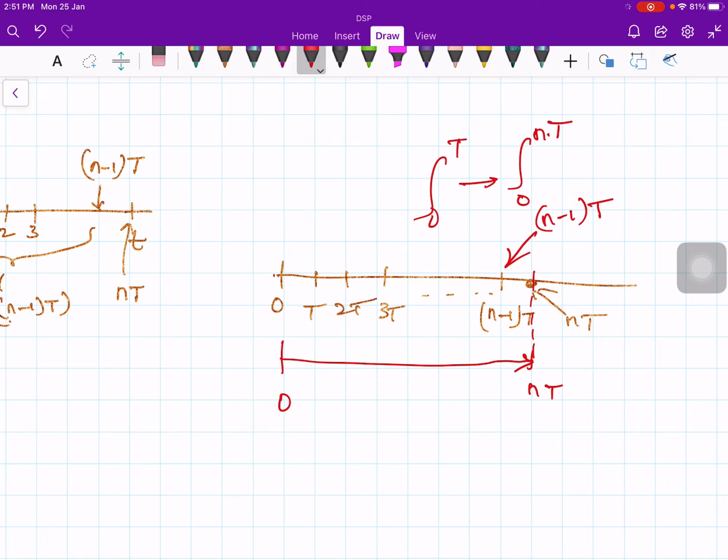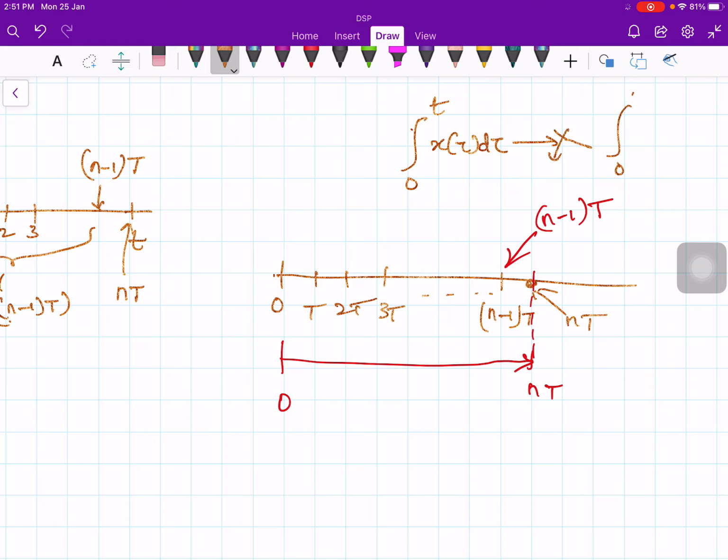In the analog domain you are doing the integration from 0 to small t, x of tau d tau. Once you do the sampling, then it becomes 0 to nT of x of tau d tau.